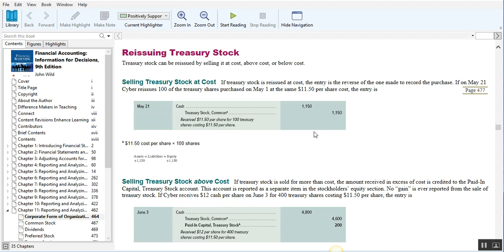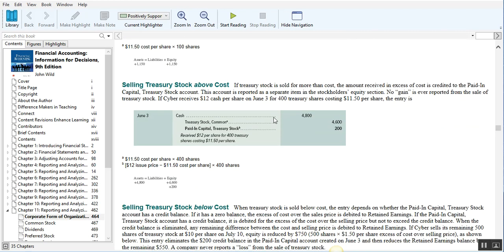In this case, it's $11.50 a share, and you're recording that cost per share as the treasury stock common. So you're adding it back into the equity section. But once it's treasury stock, you're always going to track it as treasury stock.